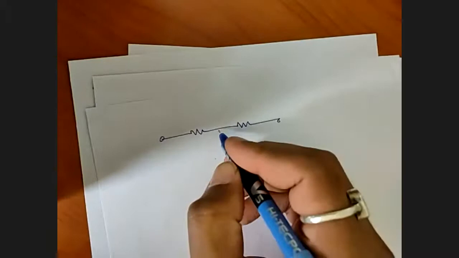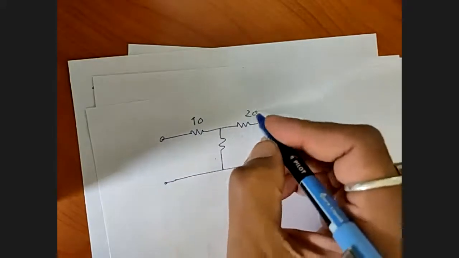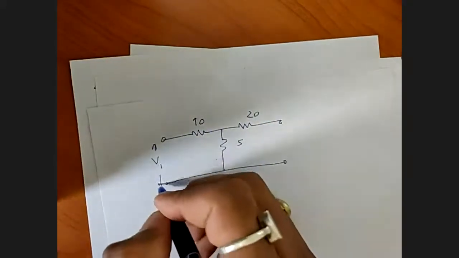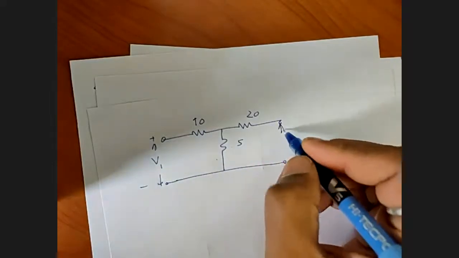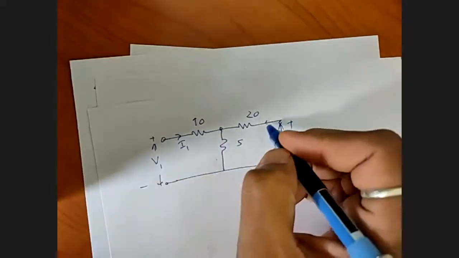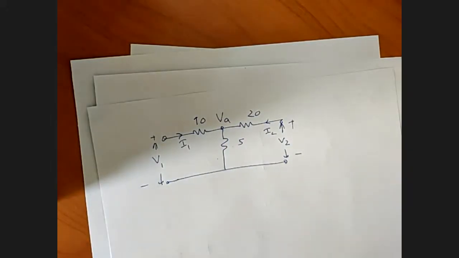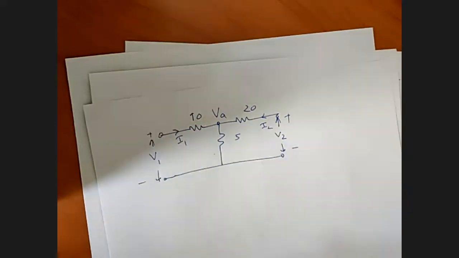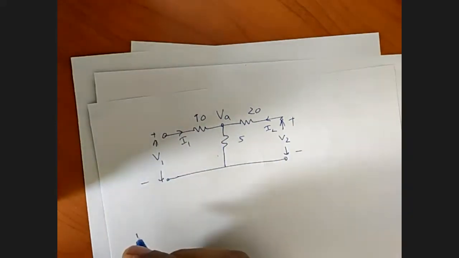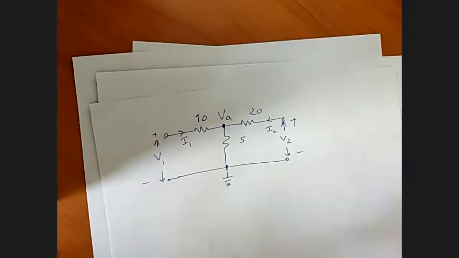Now for the same network, I have to find out Y parameters. So it is always preferred you write node equations. So I will consider this as VA, this as reference.